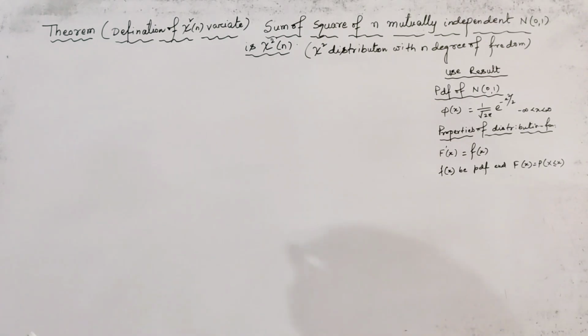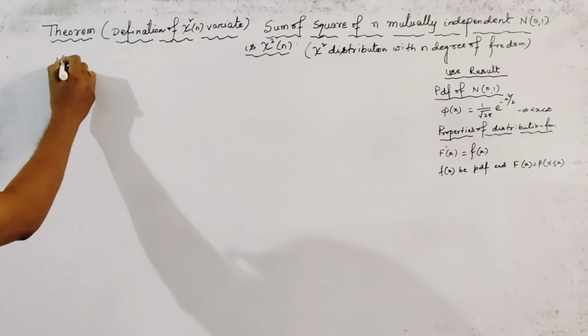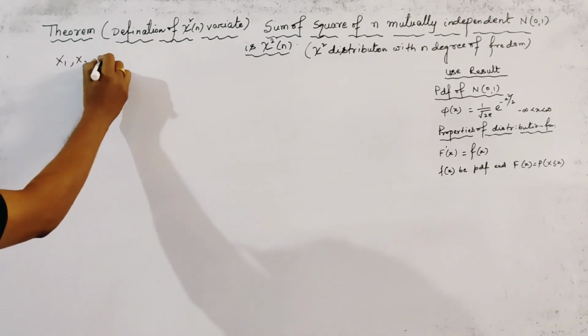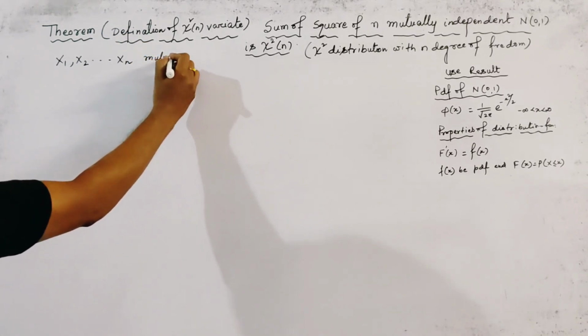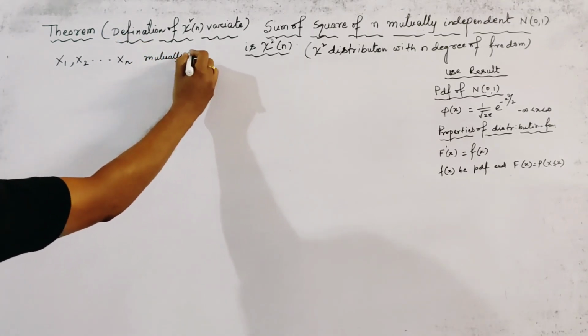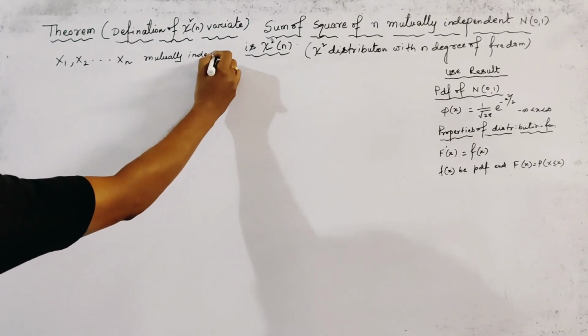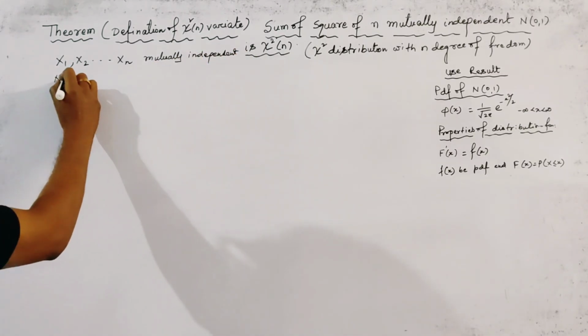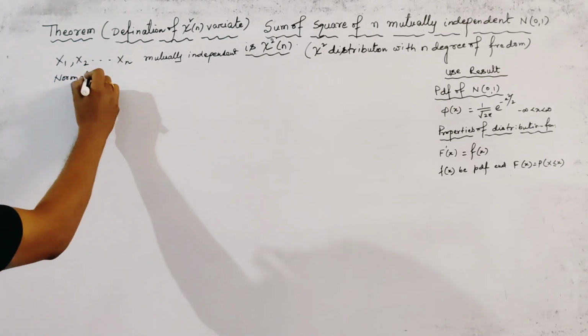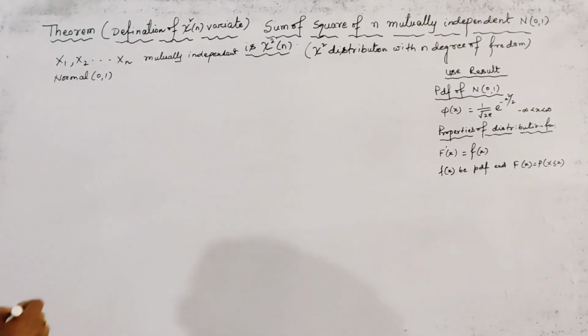Before taking n equal to 1, let x1, x2 to xn be mutually independent normal 0 1.